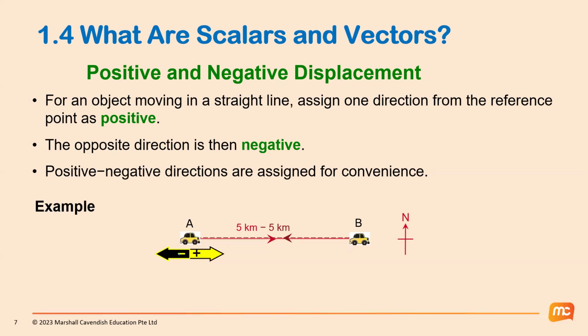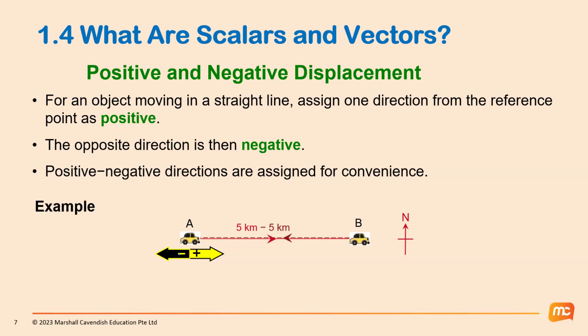So you can take a look at this example. If I have a car moving from A to B, and I take going to the right as positive, and it has traveled 5 kilometers, I say that distance traveled is 5 kilometers, displacement is plus 5 kilometers.